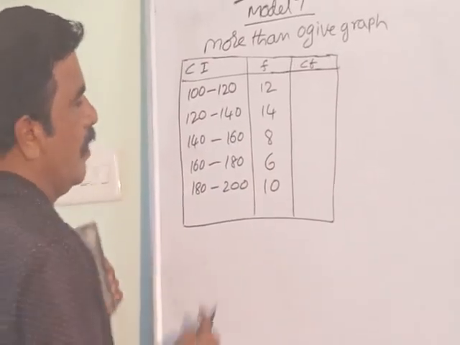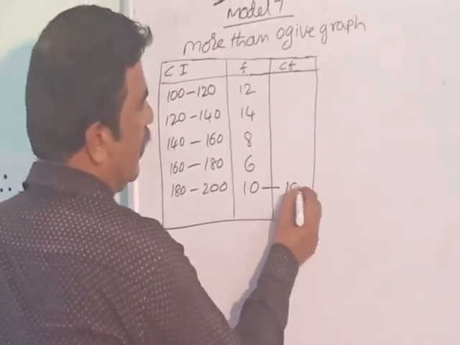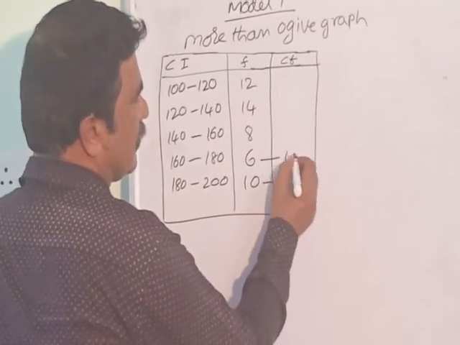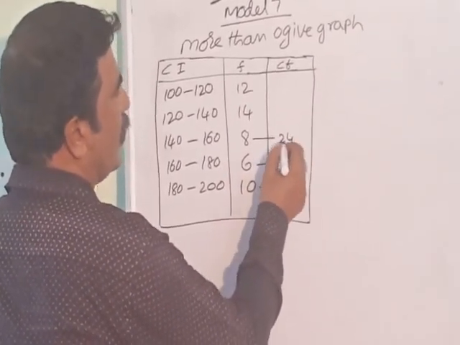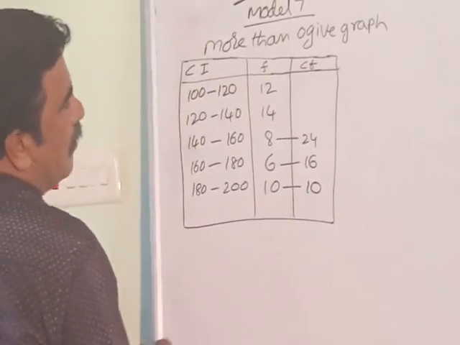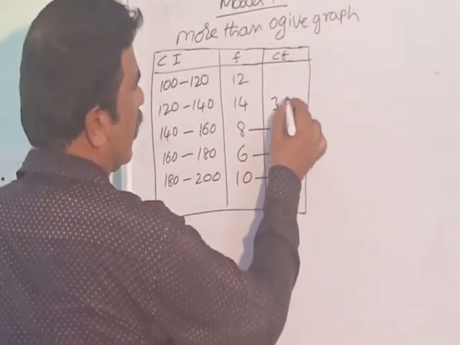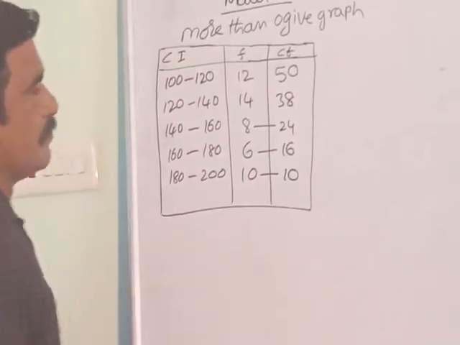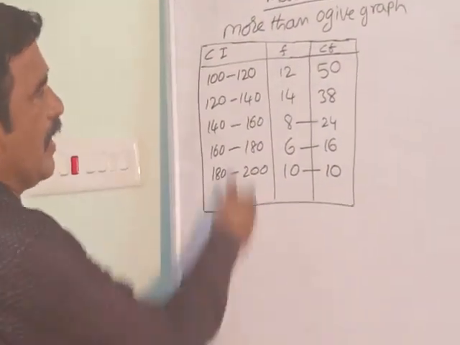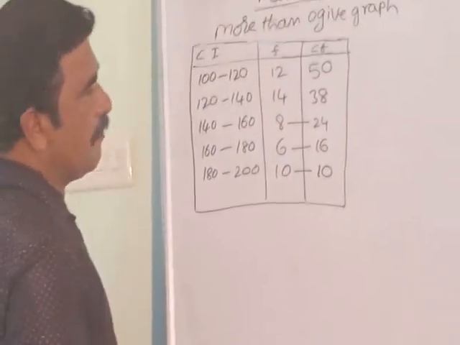See, bottom is 10, 10 plus 6 is 16, 16 plus 8 is 24, 24 plus 14 is 38, 38 plus 12 is 50. That is just the difference in finding cumulative frequency.